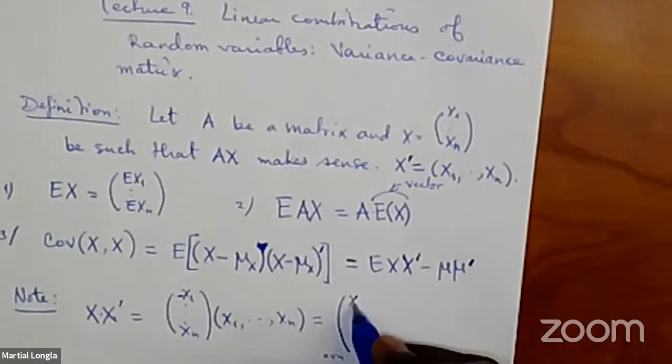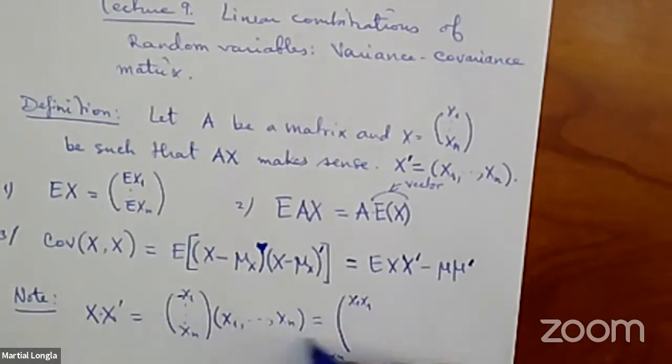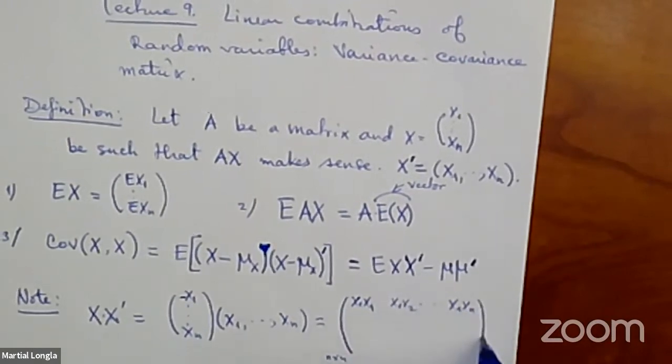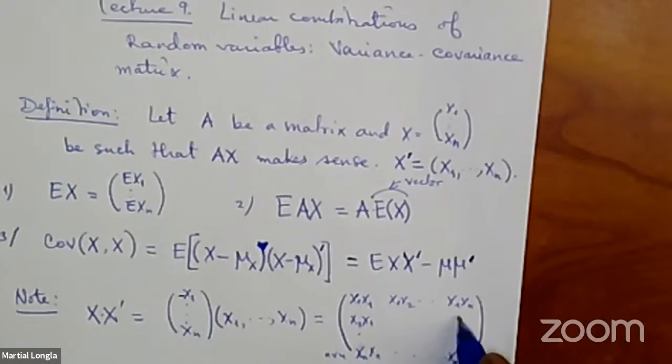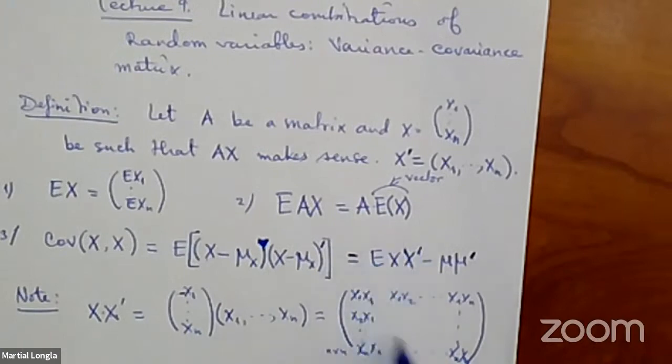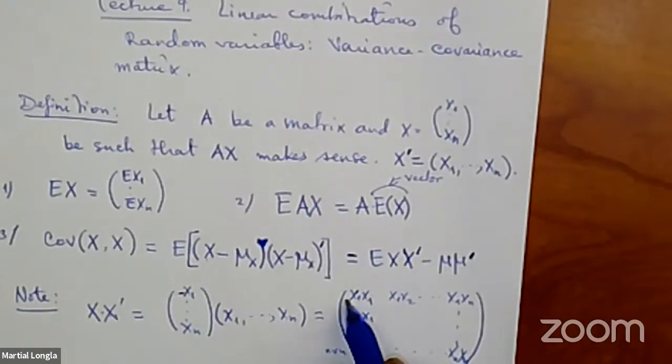So you're going to have x1x1, then x1x2, up to x1xn, and then down, x2x1, down to xnx1, through xnxn. So it's this matrix. And you're taking the expected value of that matrix, which is, go inside there, take the expected value of each of the positions and make the matrix out of that.